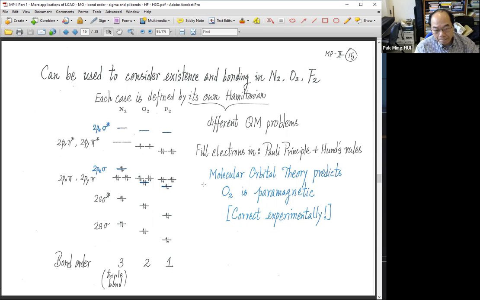For example, oxygen does have a magnetic dipole moment. So oxygen is paramagnetic. For those who are doing a thermal and statistical physics course, I think you should have discussed already, say, a system.